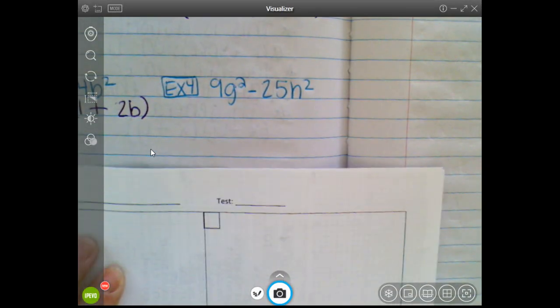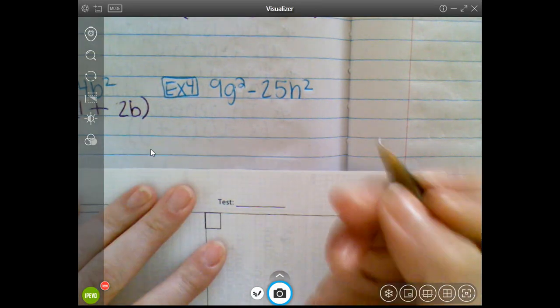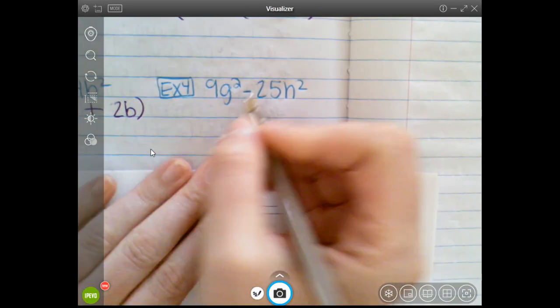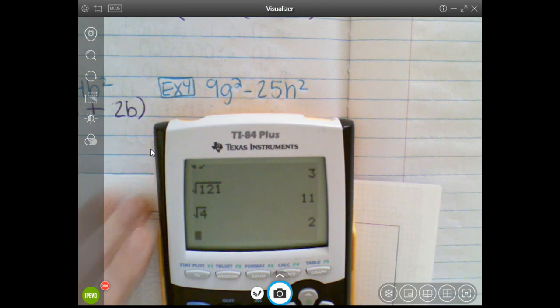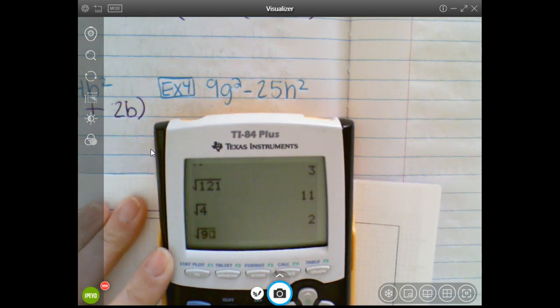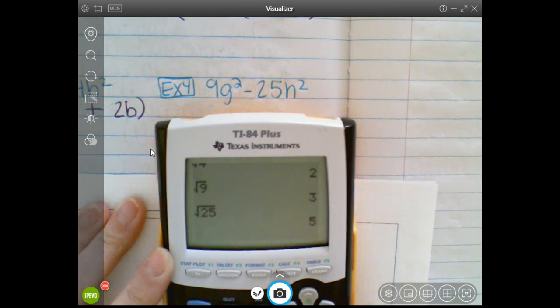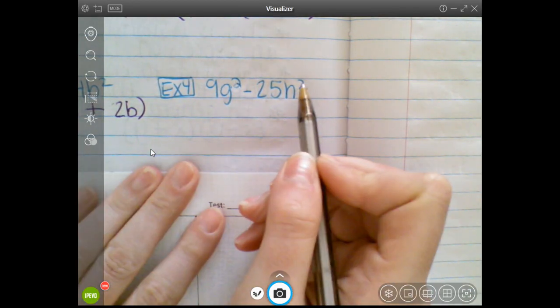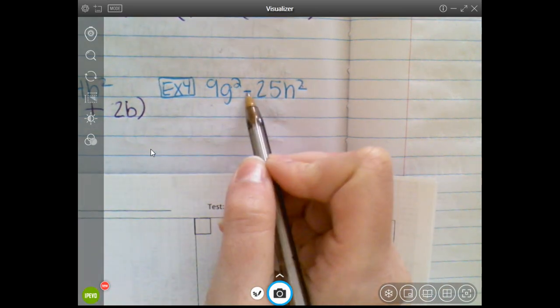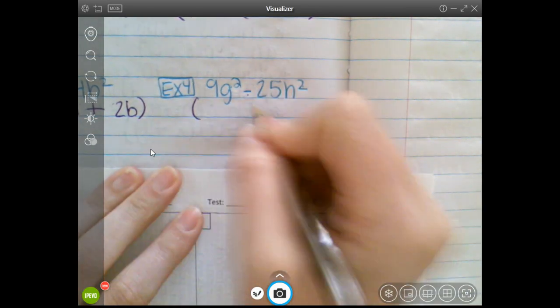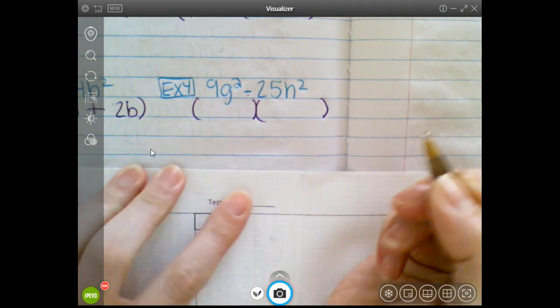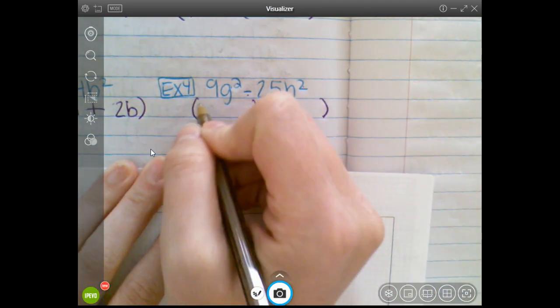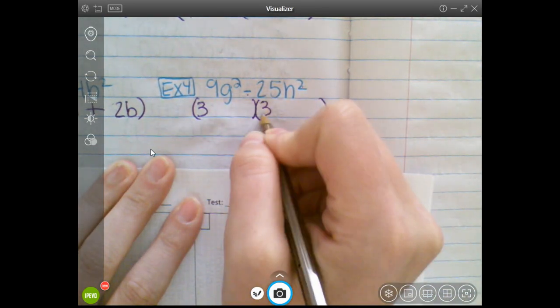All right, and now example 4. Let's do the same thing. So we check 9 and 25. 9 works. 25 works. Now I have two variables, but this is an even power, and this is an even power, and I have subtraction, so I'm good. I check the numbers, check the powers, and that it's the difference. So we found out this was 3 and 3. This was 5 and 5.